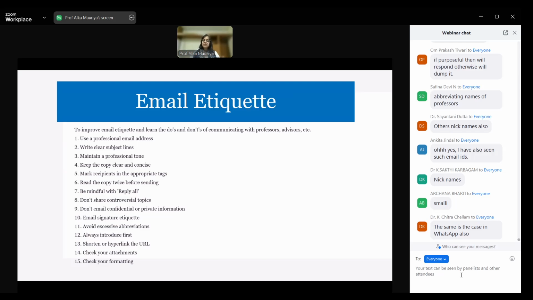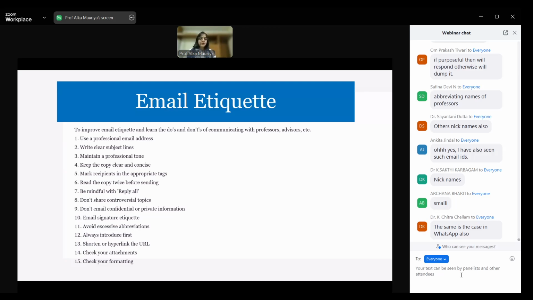Dr. Chitra has mentioned the same is the case with WhatsApp, right? So we have to keep this very clear in mind, that we will not be able to erase our digital footprints. So it is very important that we should be very particular about what we are communicating, whether it is through email or through WhatsApp messages. So we have to maintain a professional tone.